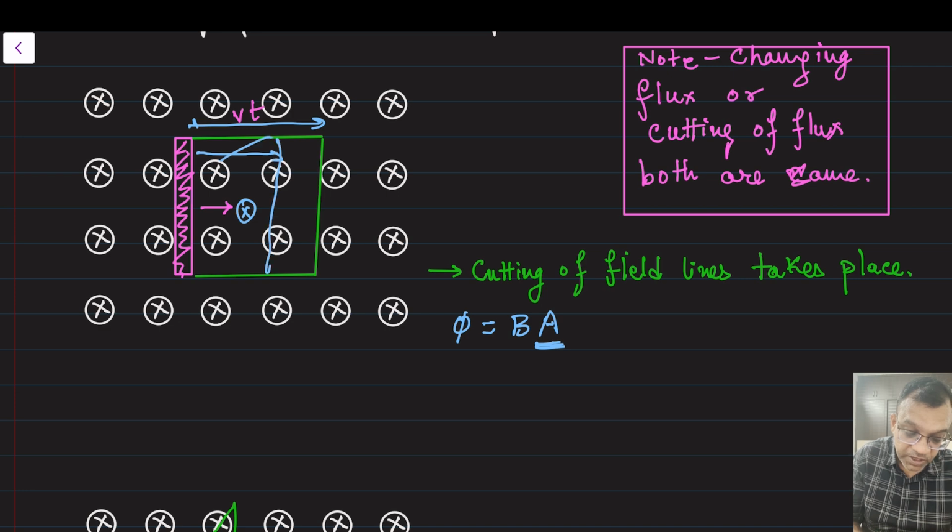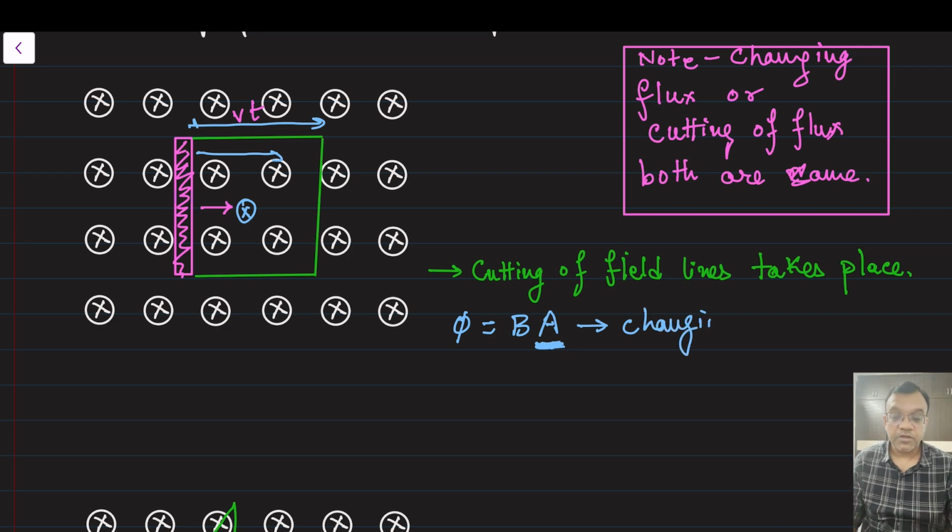As A is changing, it means the flux linked with the circuit is changing. So cutting and changing both mean the same, both take place simultaneously.